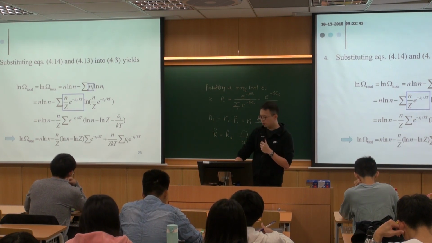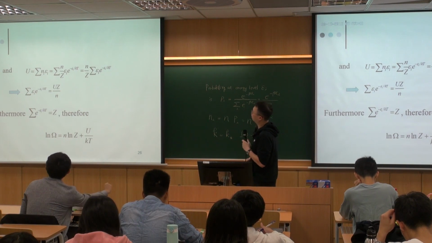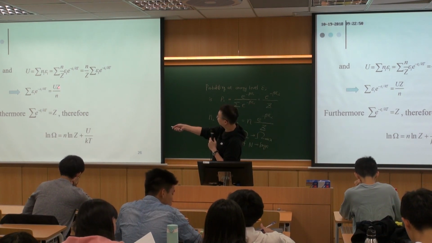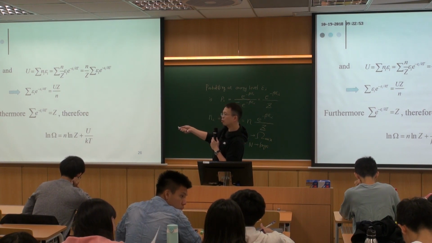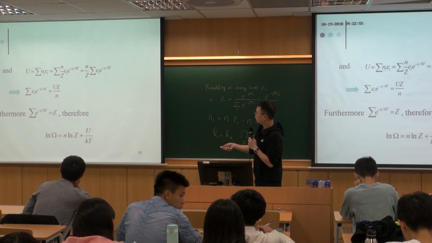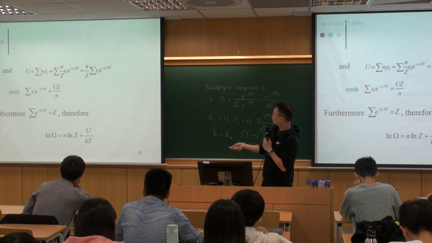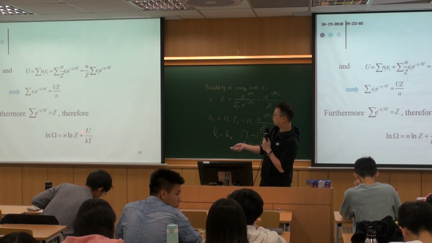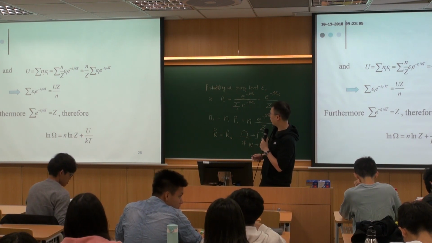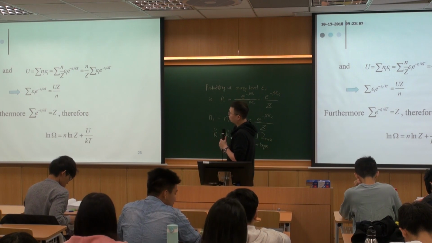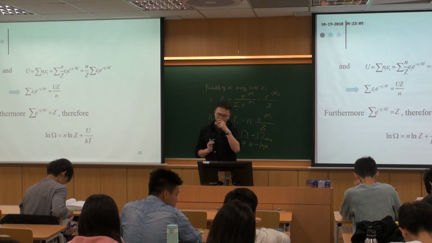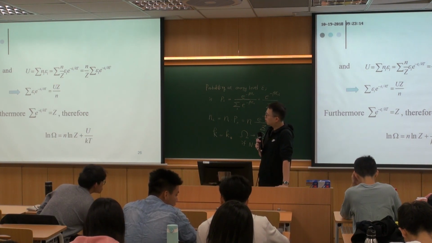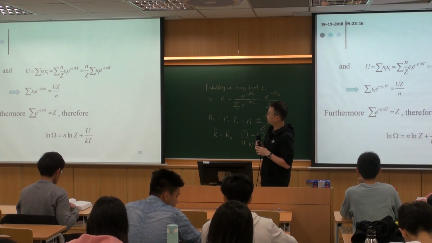If you go through this math, this won't be in the exam, but I think this is a very interesting derivation. Eventually, you'll see that the last term is related to internal energy. Therefore, if you simplify the derivation, you will see that log omega is n log z plus this term related to internal energy. Okay? And if you're using the 5th edition textbook, I think the text will just stop over here.